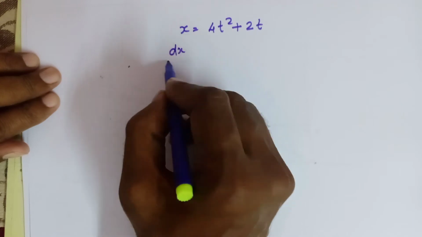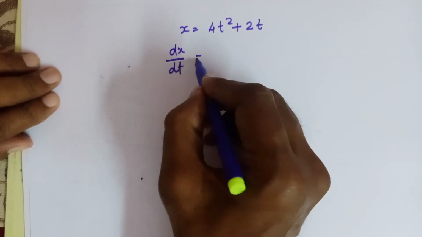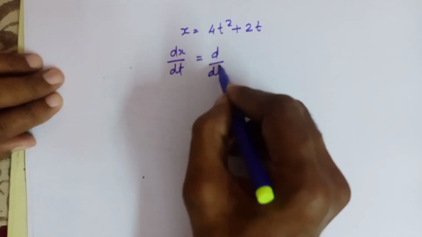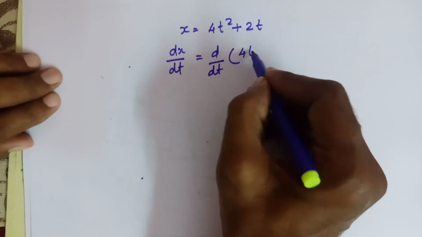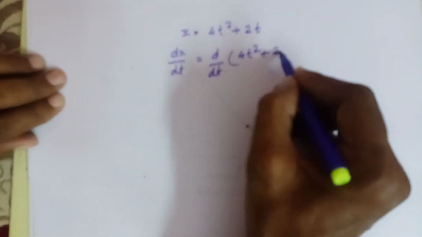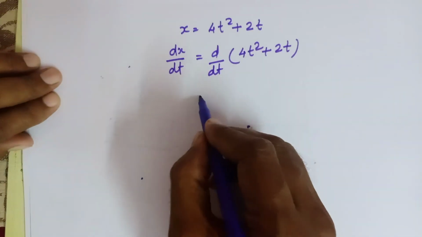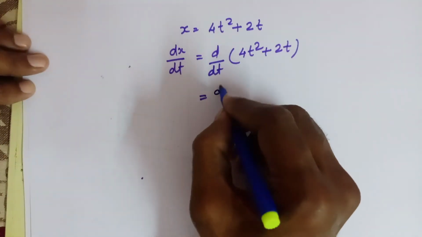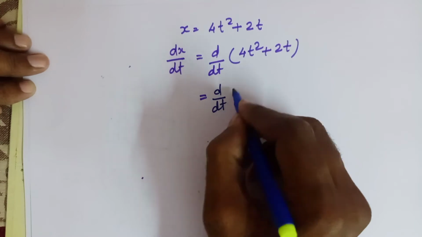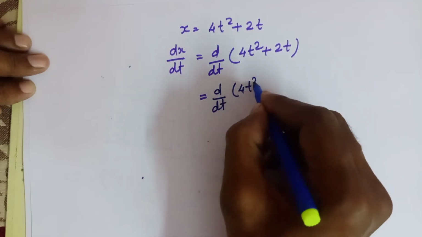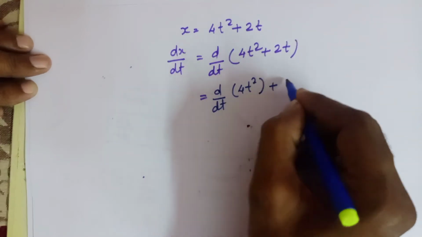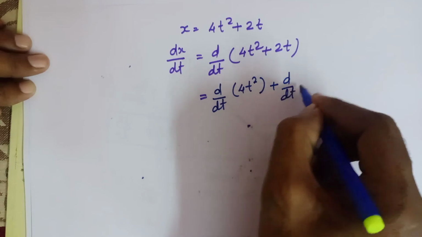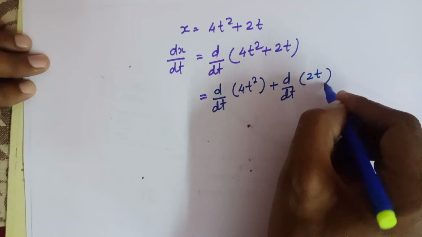Left hand side will become dx by dt, right hand side will be d by dt of 4t square plus 2t. Then write it split into two parts: d by dt of 4t square, plus d by dt of 2t.